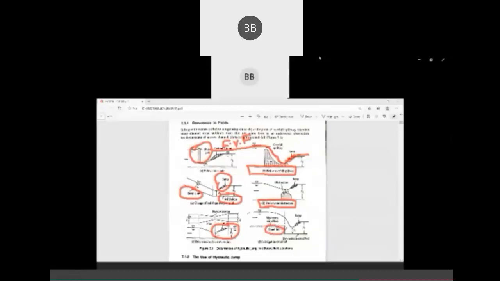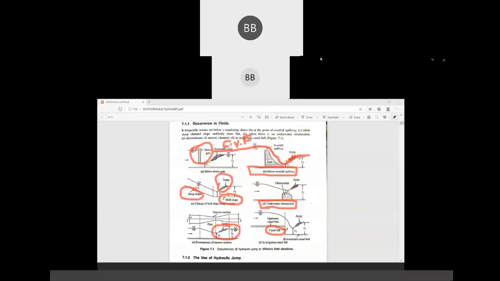When the depth of flow is coming, and then because of this canal fall your depth of flow reduces, and then your canal bed changes. So because of this, again it strikes here, and there will be some jump at the downstream end. These figures you can very commonly see in your native place, and you can observe hydraulic jump.